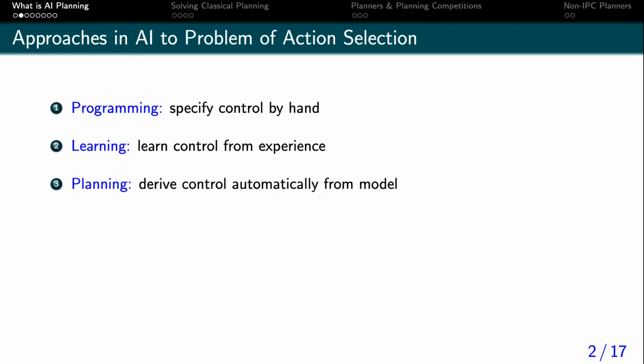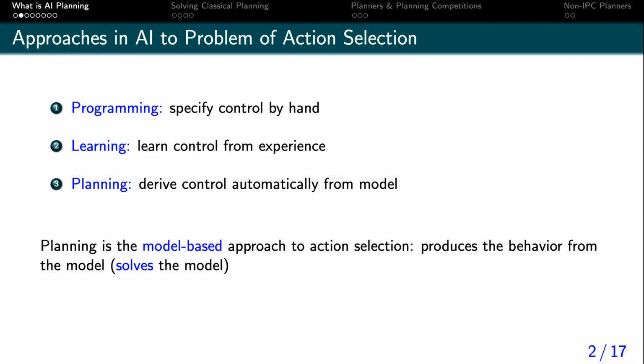There are many areas in computer science that deal with the problem of action selection. The existing approaches can be partitioned into three main ones. The first one is specifying the control programmatically. The second one would be learning the control from experience, and that's a popular one. And the third one would be deriving the control automatically from a declarative model.